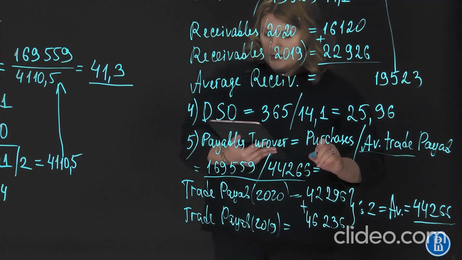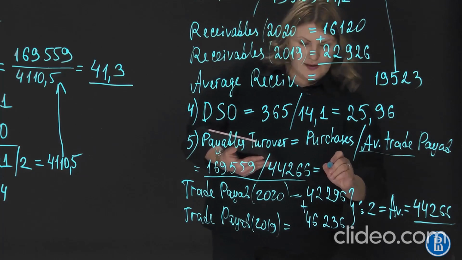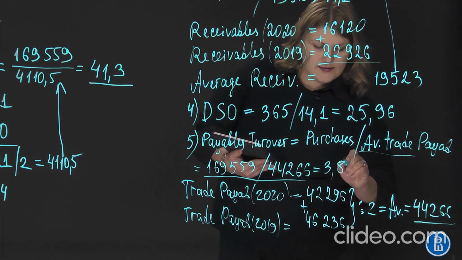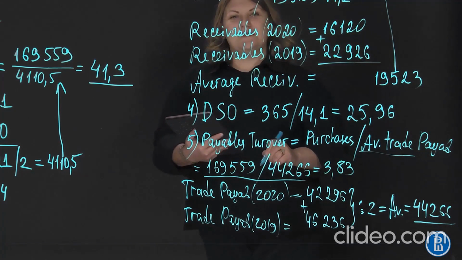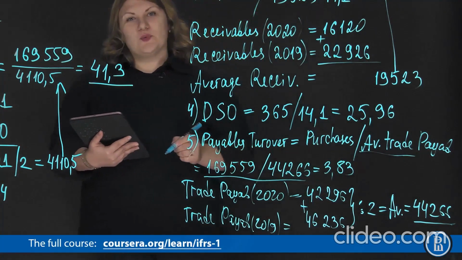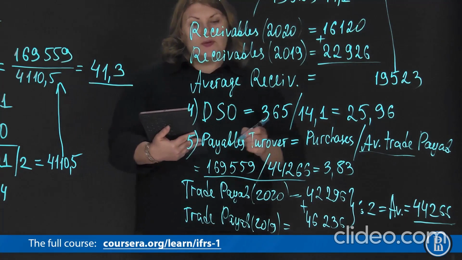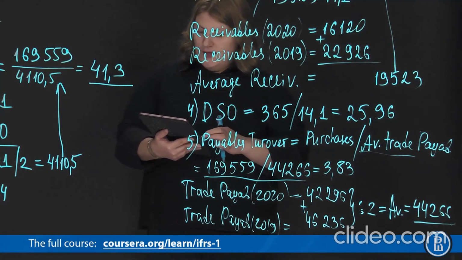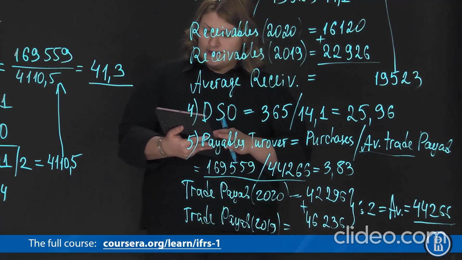And this will give us 3.83 days turnover of the payables, which means that Apple company will receive money for its goods on average in 3 days.